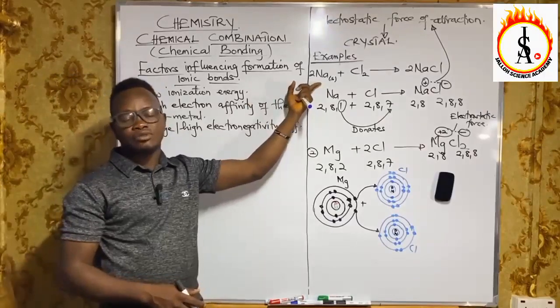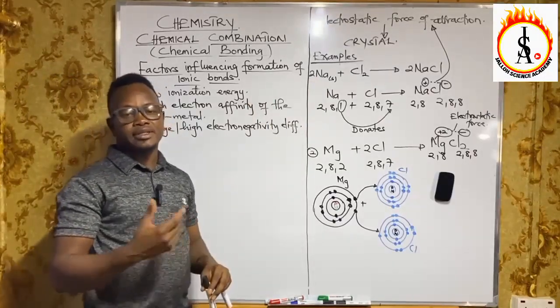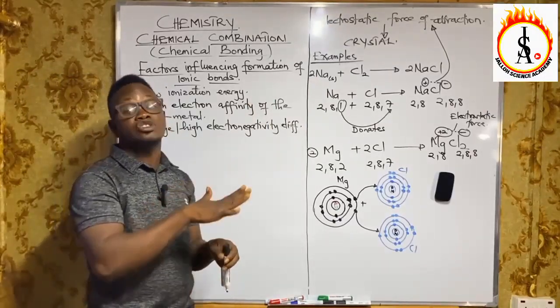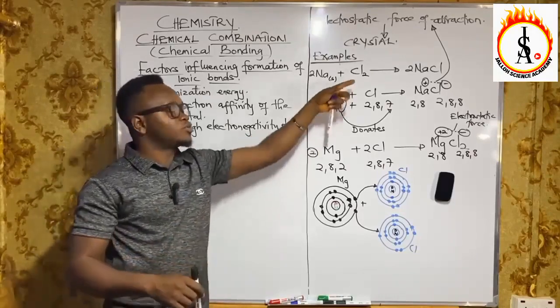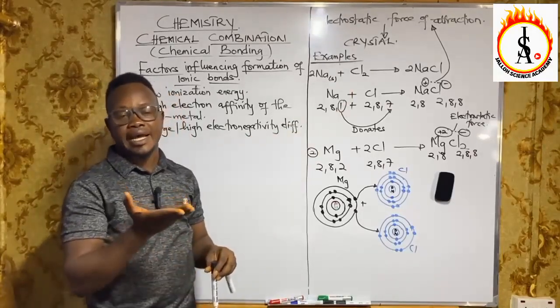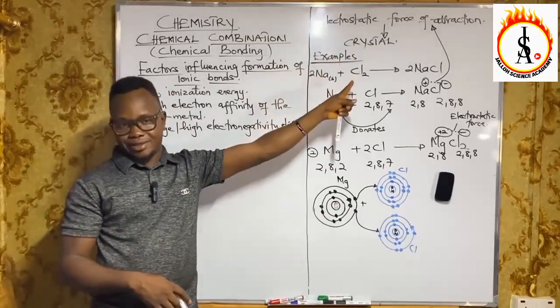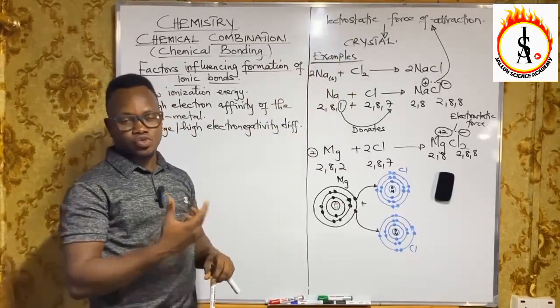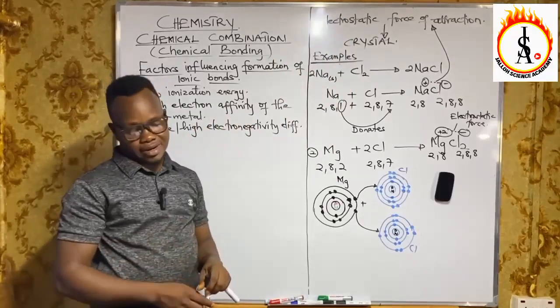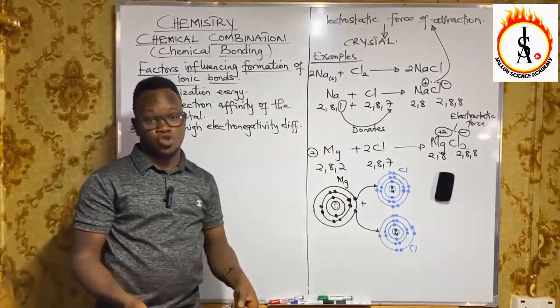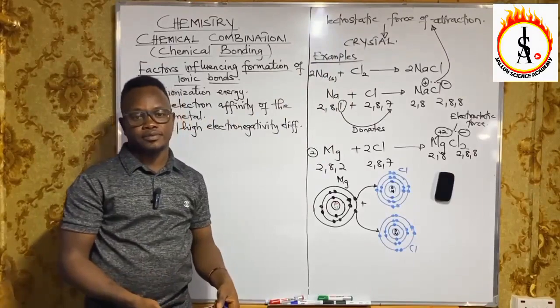We saw in the case of sodium chloride, wherein the electronegativity of sodium is extremely low compared to the electronegativity of chlorine, which is high. So in that case, the sodium loses an electron to the chlorine atom, giving rise to sodium chloride.